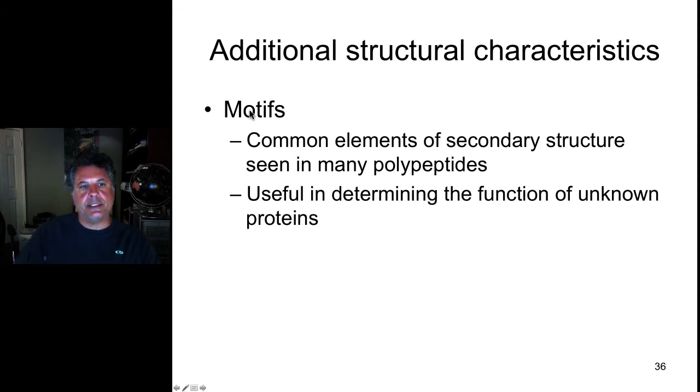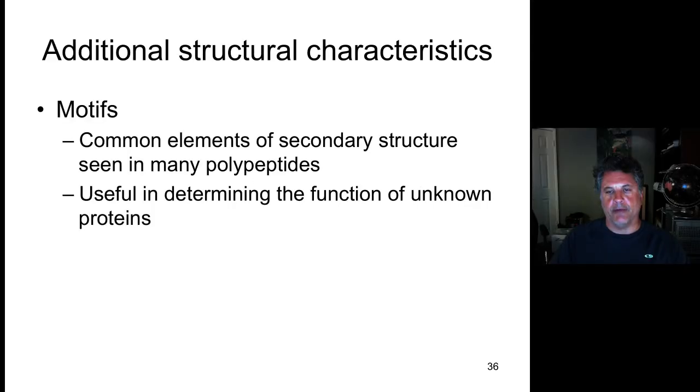Now, motifs are common elements of secondary structure that are shared among families of proteins. A particular motif that I've talked about already in this class is the homeodomain motif. That is several elements of secondary structure coming together to form that motif, and that structural motif is found in a family of proteins.